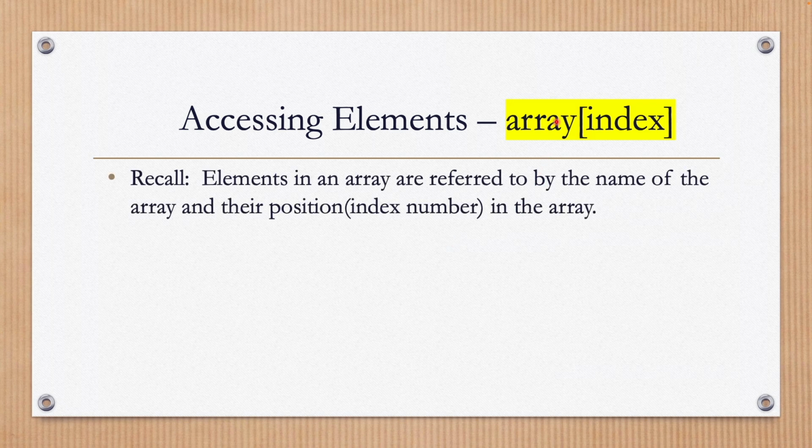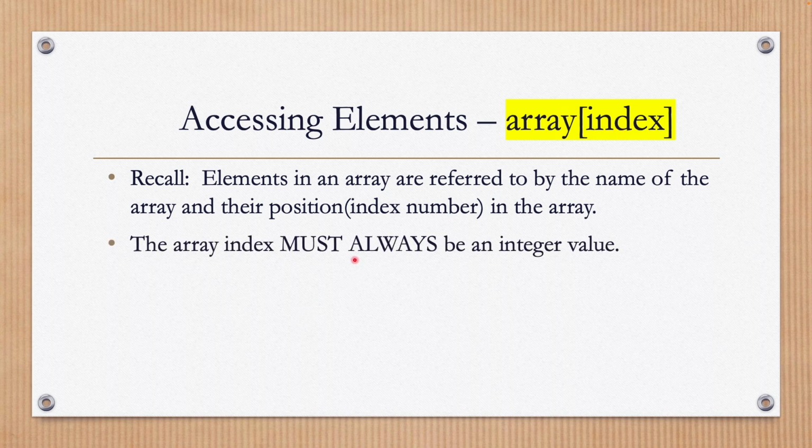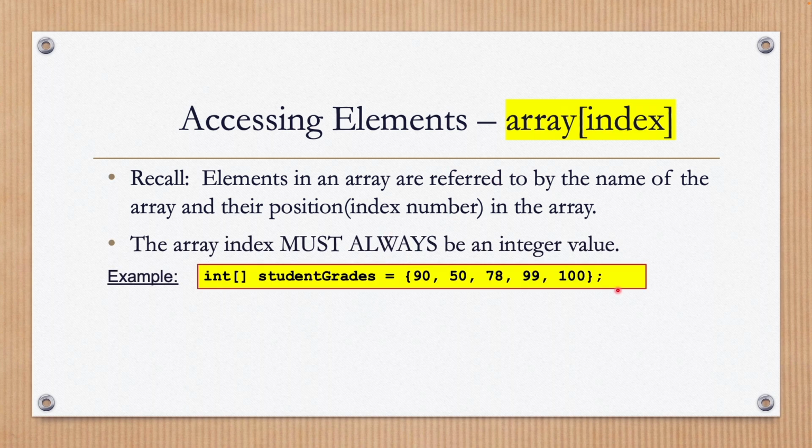All right, so as I mentioned, you can access each element using the array name and putting the index value of the element. To access the very first element in studentGrades, you would write studentGrades, square bracket, put 0 and close square bracket.